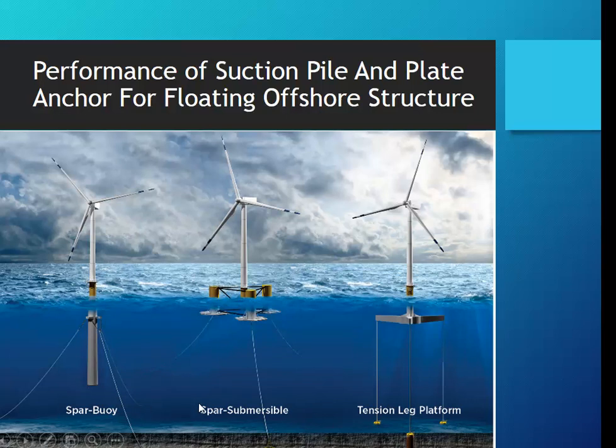There are three types of floating platform: the spar buoy, the semi-submersible and the tension leg platform. The spar buoy platform achieves stability by using ballast weight and is generally used for water depths up to 3000 meters.